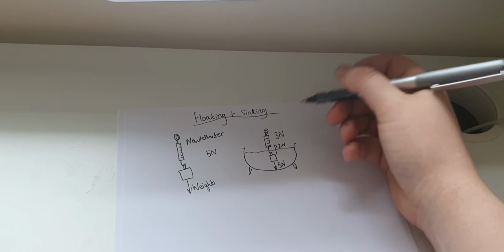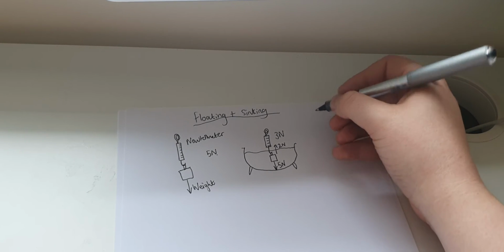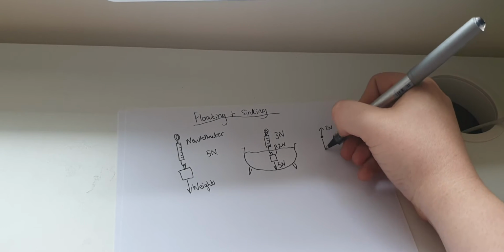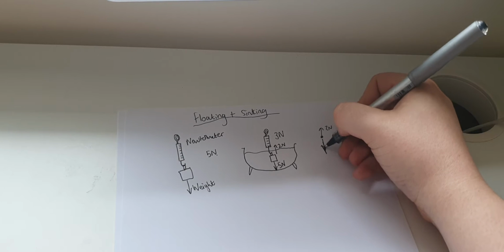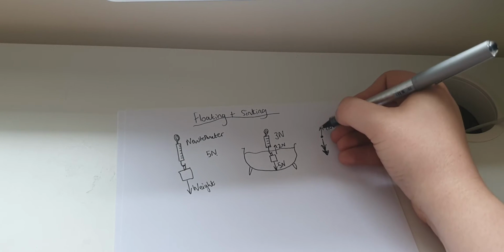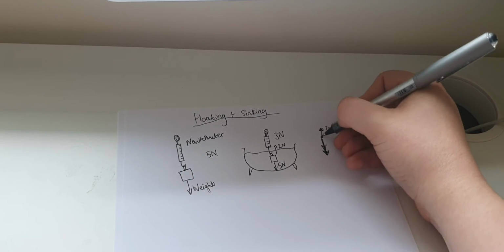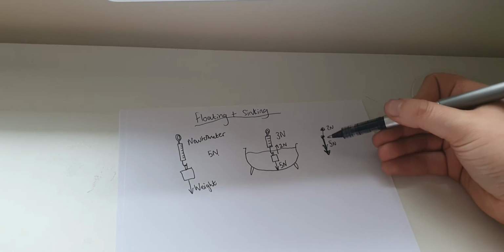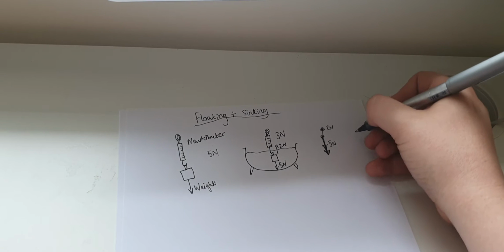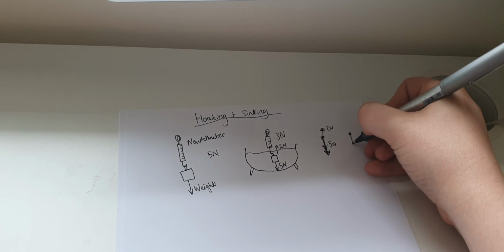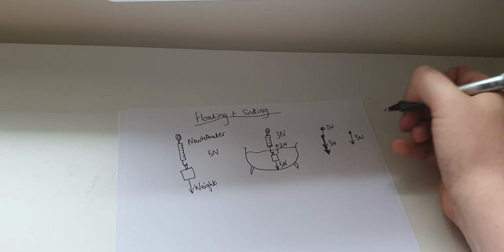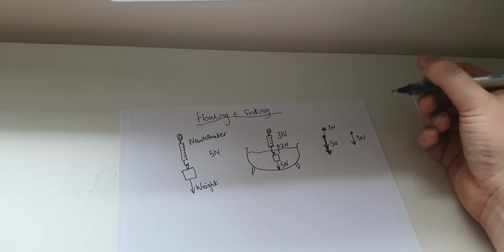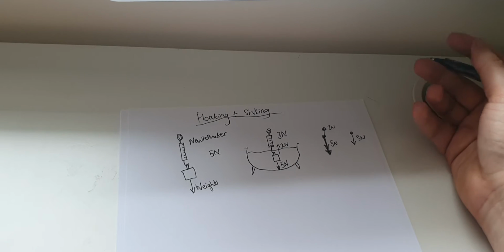So the overall force, if you remember how to calculate your resultant forces, we've got 2 newtons upwards. Should have drawn a bigger arrow down there. This is my 5 newtons. Well, 2 up, 5 down, that leaves me with 3 newtons downwards.